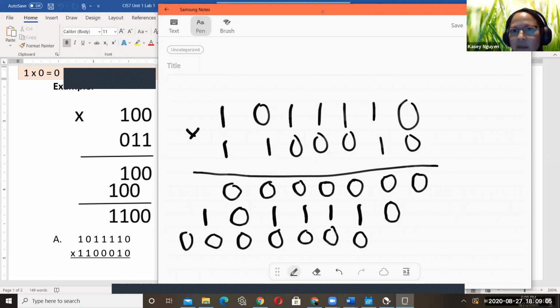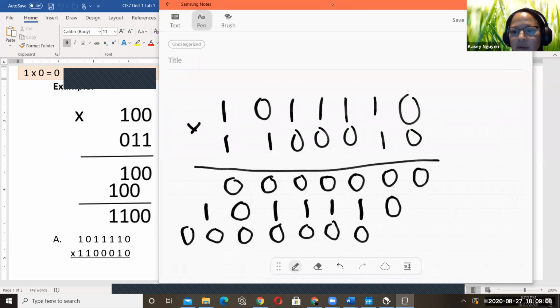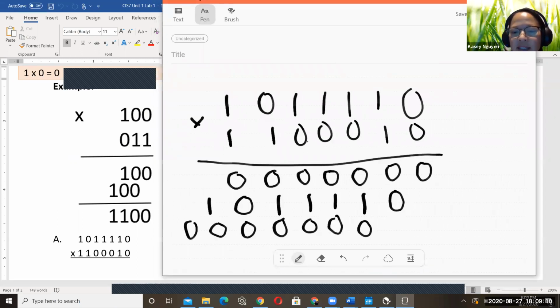Let me see if I can move this up more. For the next 0 and the next 0, we took care of this 0, then you're going to do that next 0. So we would have 0, 0, 0, 0, 0, 0, and 0. And then once you write everything out, you're going to add them all up.